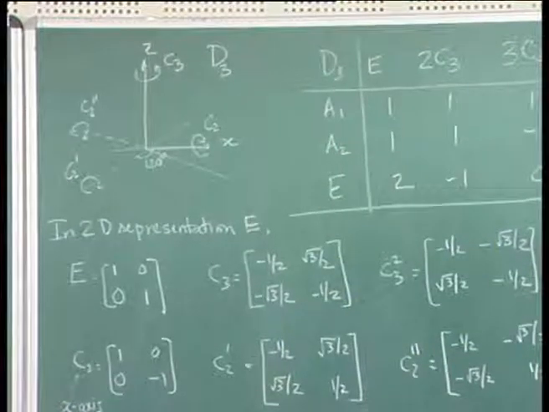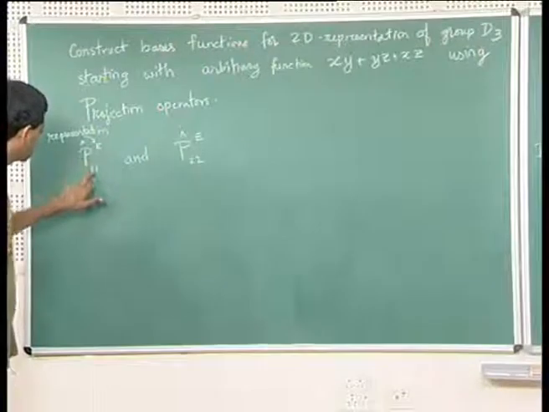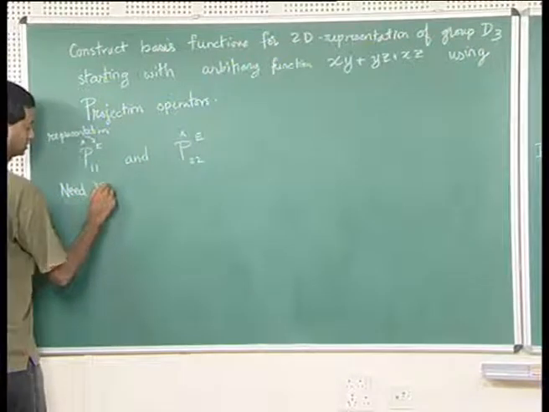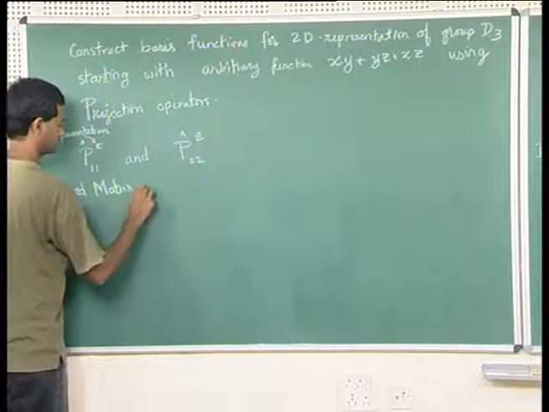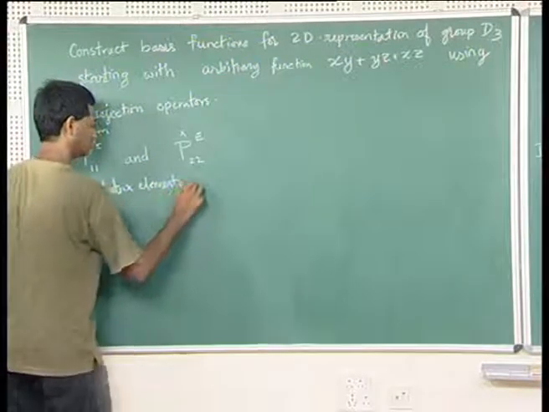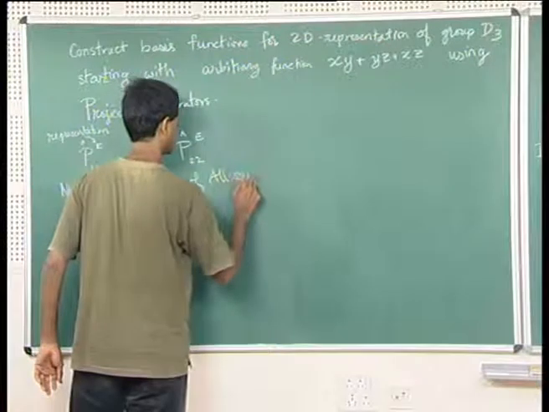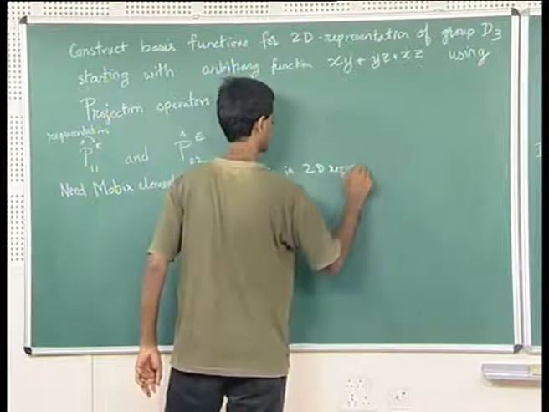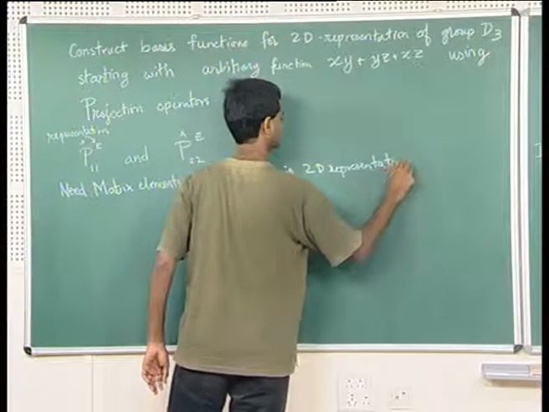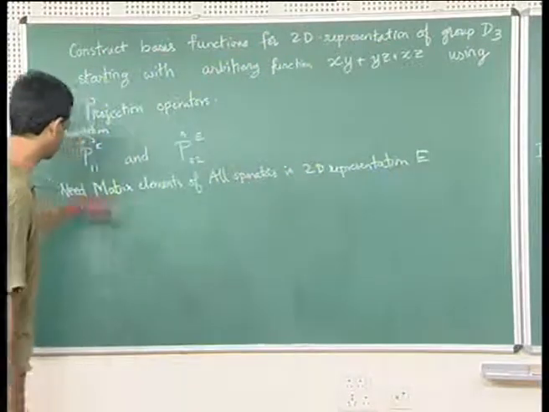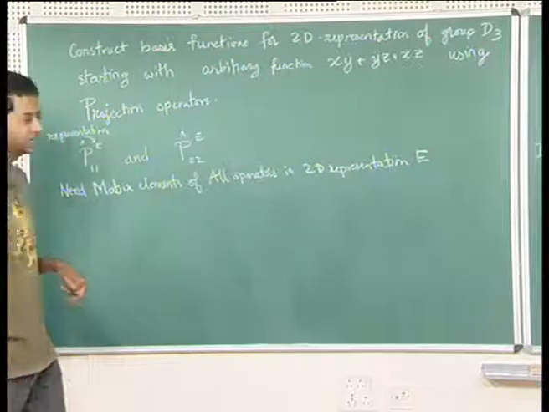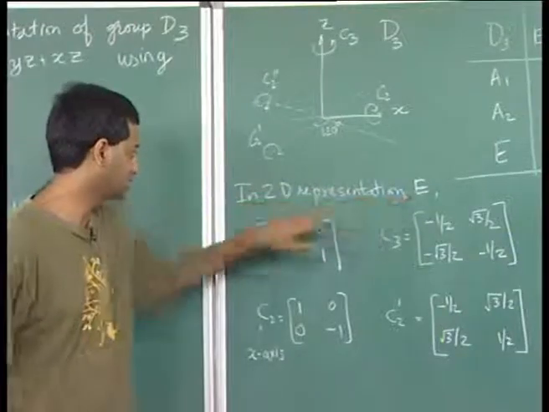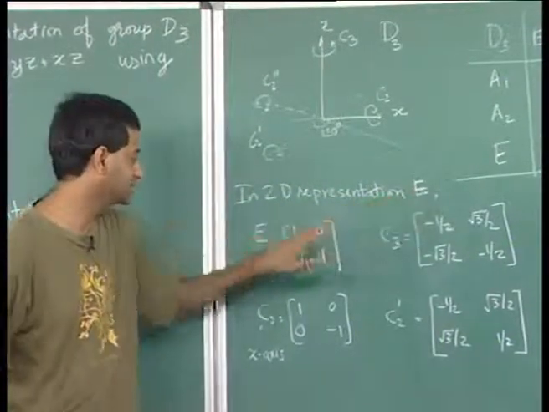Now in order to do this, we need the matrix elements of all operators in the 2D representation E. You can work out that in this 2D representation E, this E should not be confused with this E. This is the representation E, this is the identity.